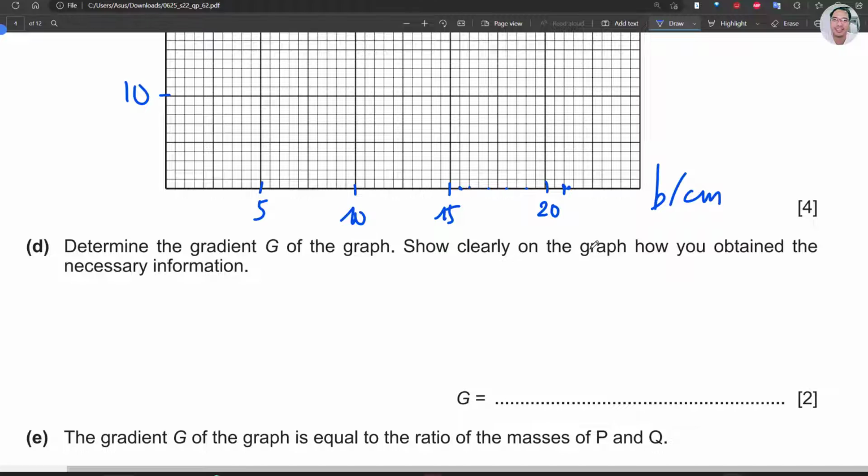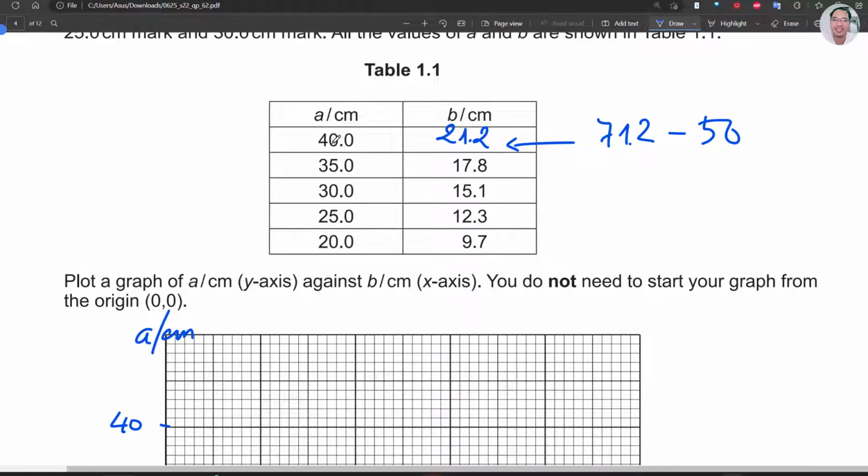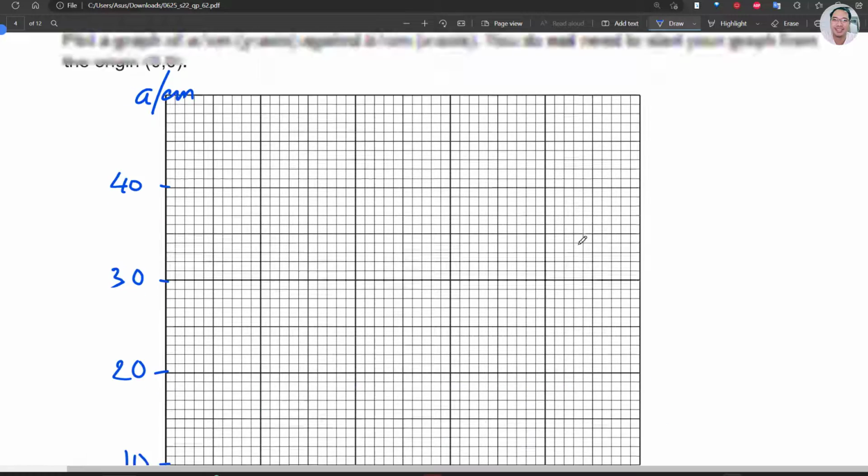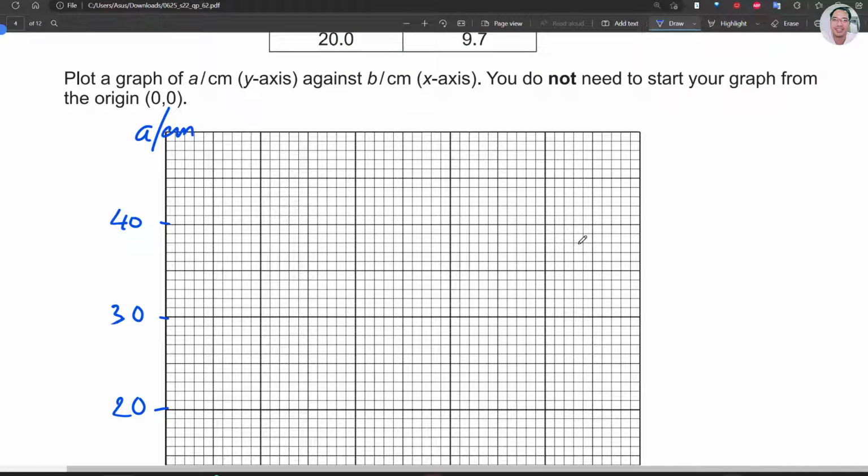Okay, and A is 40, so that is 21 here, 21.2 here, this point, the first point.